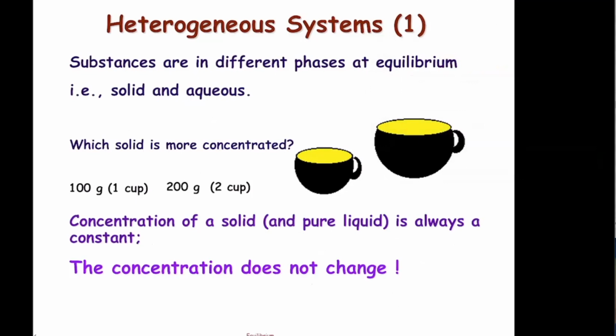That means solids, if you look at the phase in your reaction, and liquids do not belong in the mass action expression. They do not, because it's constant. Only gas and aqueous are going to be in the mass action expression, okay? Because that can change because of the volume.